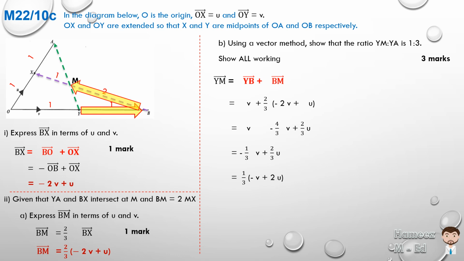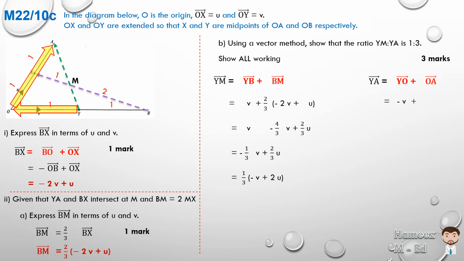And for YA, if we look at the diagram again, if we're going from Y to A, we can go from Y to O, and then from O to A. And YO is minus v, and OA is 2u. As such, let's go to YM again. And what did we recognize?